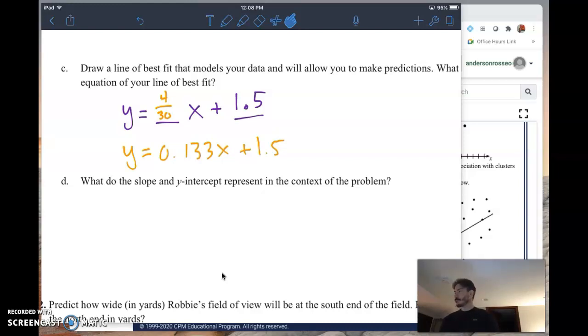So 0.13 inches of field of view is gained for every inch I move away from the wall. And that's the way that we can represent that slope. Those are bigger ideas. We're going to keep developing those, but we might as well start doing that right now and today.